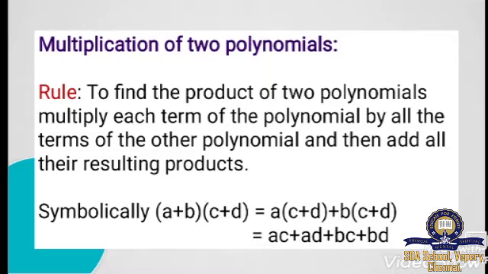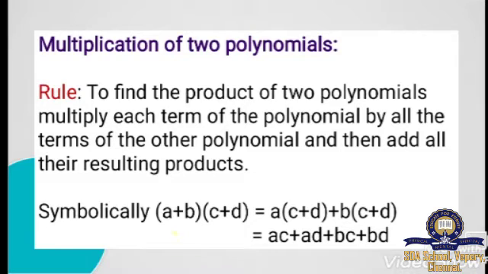Next we are going to see multiplication of two polynomials. In this we have certain rules. According to this, to find the product of two polynomials, multiply each term of one polynomial by all the terms of the other polynomial and then add all the resulting products. Symbolically, we say a plus b into c plus d.